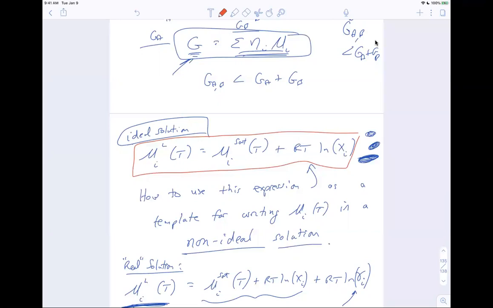And this actually also applies to cases where you have a solid in equilibrium with a liquid. So you can have cases where you perform a chemical reaction in solution, and then something precipitates out as a solid. In that case, chemical potentials also are relevant. Chemical potentials are always relevant.